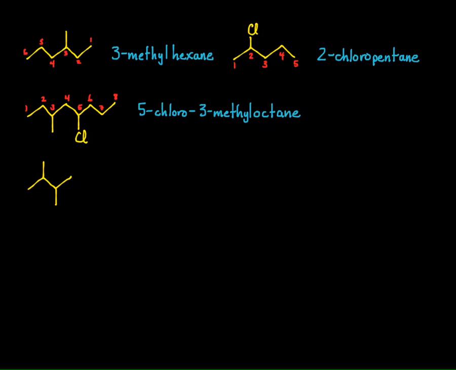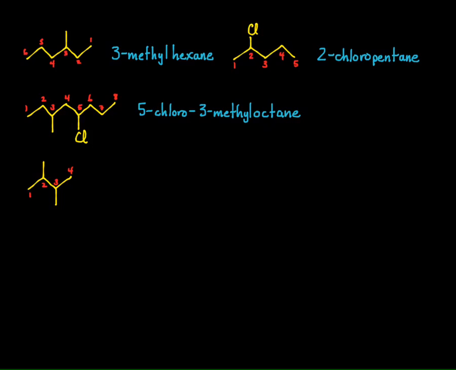Another example, it's a smaller alkane in which the longest continuous carbon chain is 4 carbons. So I have 6 total carbons in this structure, but the longest continuous carbon chain is only 4 carbons long. Notice in this particular example, it doesn't matter which way I number it, right to left or left to right, the location of the numbered substituents is the same, 2 and 3. So on the second carbon, I have a methyl group, and on the third carbon, I also have a methyl group.